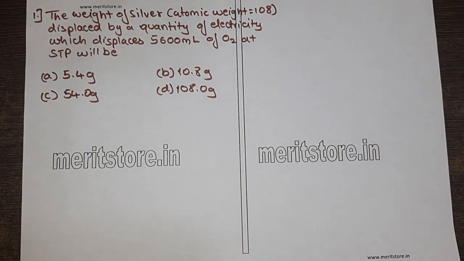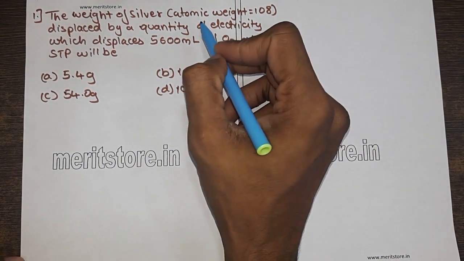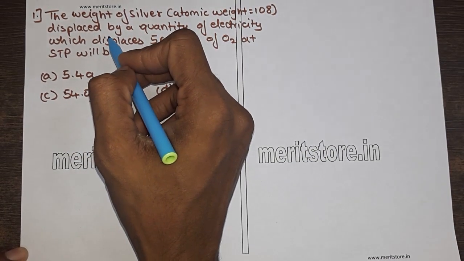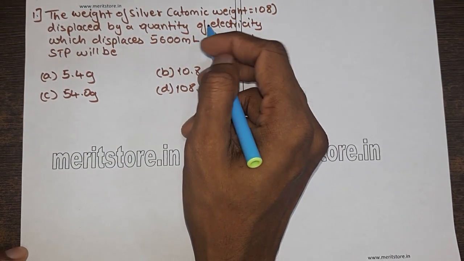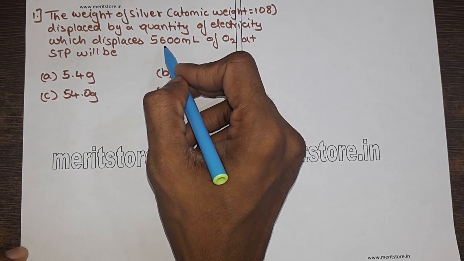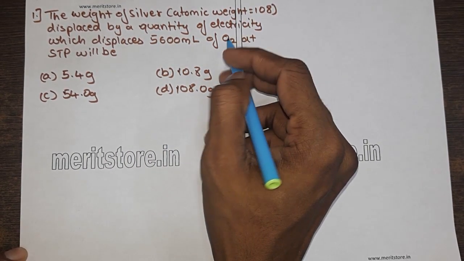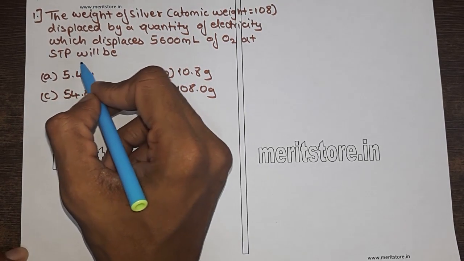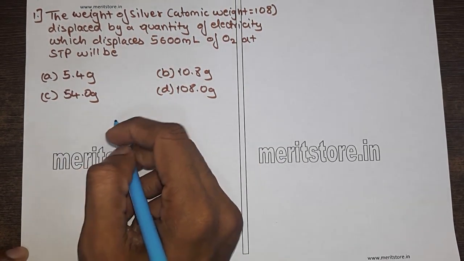Question 1. The weight of silver, that is atomic weight given as 108, displaced by quantity of electricity which displaces 5600 ml of O2 at standard temperature and pressure, that is STP, will be, we're given four options.